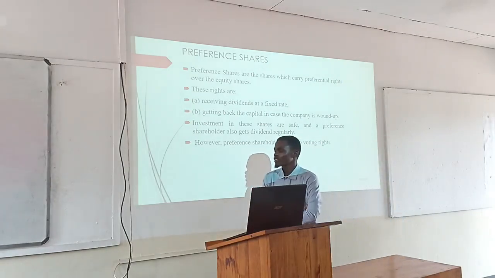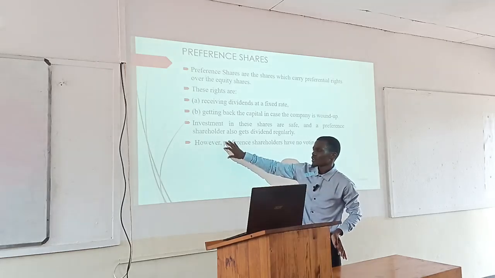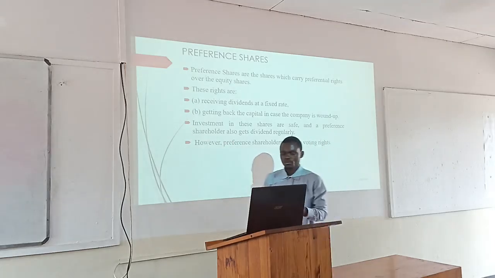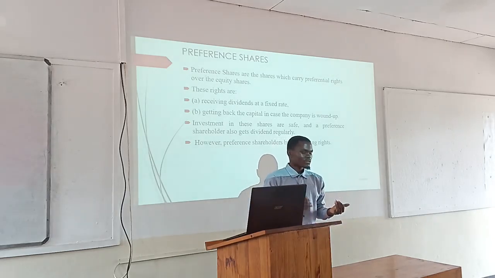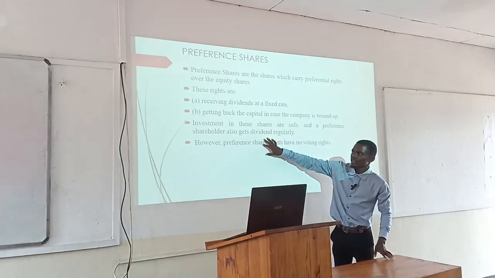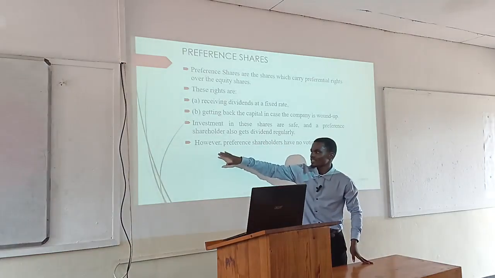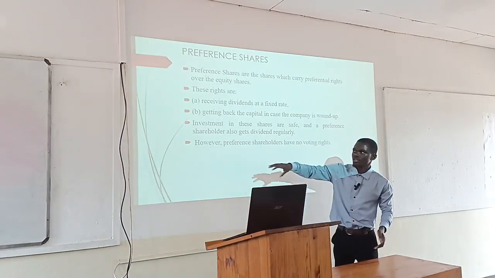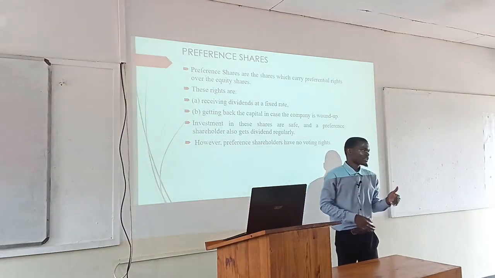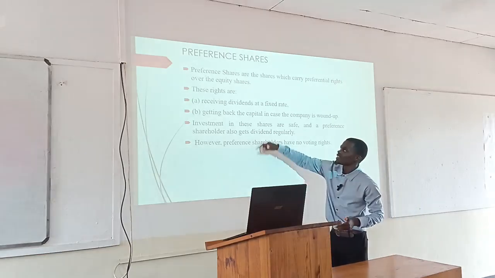No. If the organization didn't make profits, then the organization will not distribute dividends to shareholders. So these people will not get profits because the organization didn't make profits. But even if the organization has made 1,000 as profits, these people still have a fixed rate.